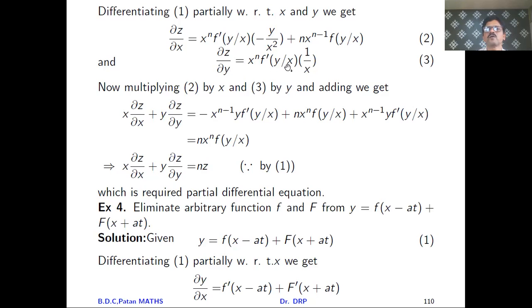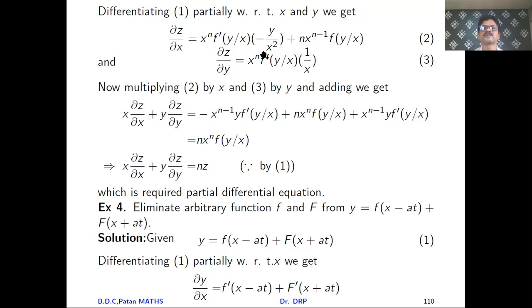You will get f dash of y upon x into the derivative of y upon x with respect to y, keeping x constant, so 1 upon x remains as it is, into the derivative of y with respect to y, which is 1. So it gives del z by del y equal to x raised to n into f dash of y upon x into 1 upon x.